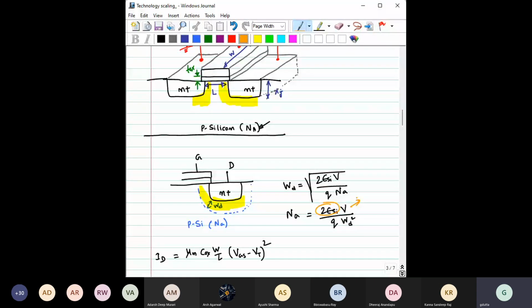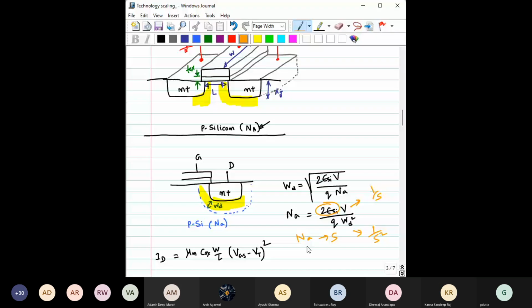Yes, we are scaling V to 1 by S. Q is the electronic charge, we cannot do anything. W is this WD, which we also have to scale equally by 1 by S. Then this becomes 1 by S square. Then what is going to happen to this N? It has to be increased by S times, right?